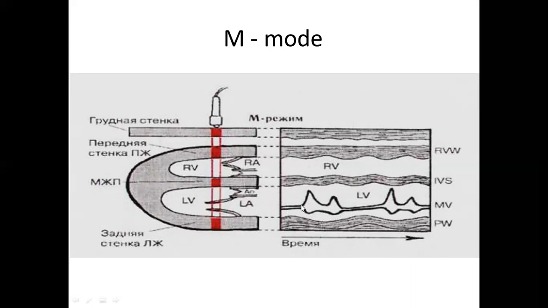That's why you can see how the anterior leaflet is moving upward and the posterior leaflet is moving downward. That is what happens when you have diastole of the left ventricle.